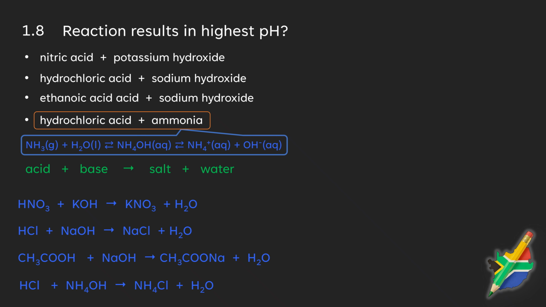So we could write the equation like this. Hydrochloric acid reacts with the base ammonium hydroxide to form the salt ammonium chloride and water. All of these equations are balanced with a 1:1 mole ratio of acid to base.